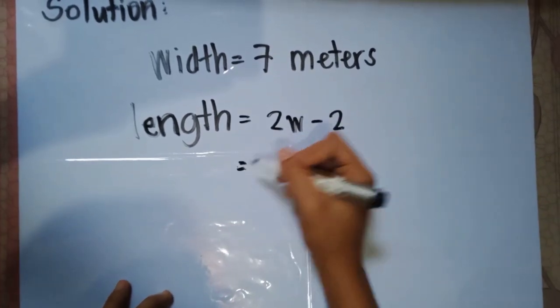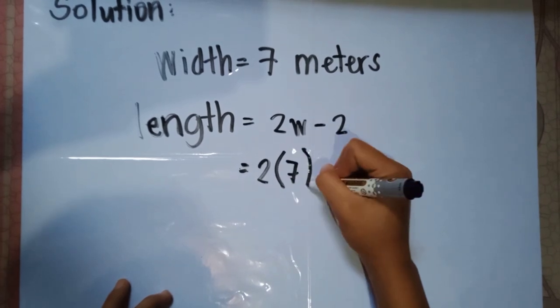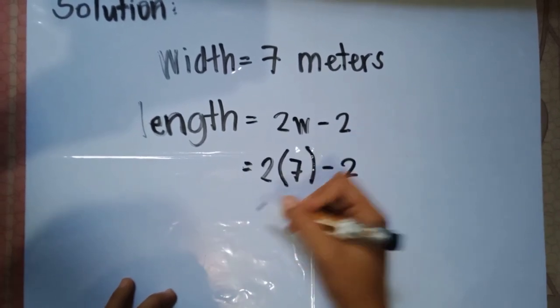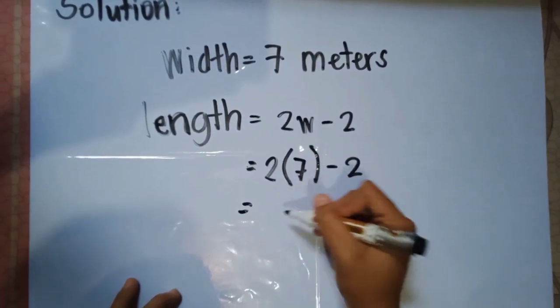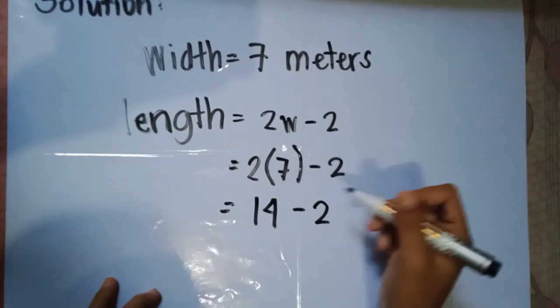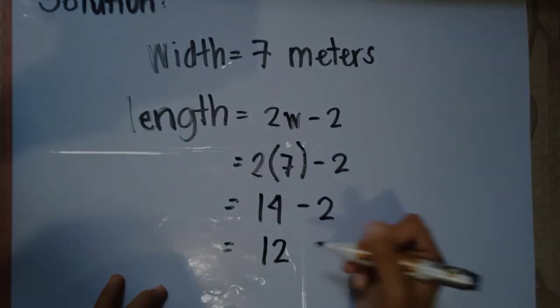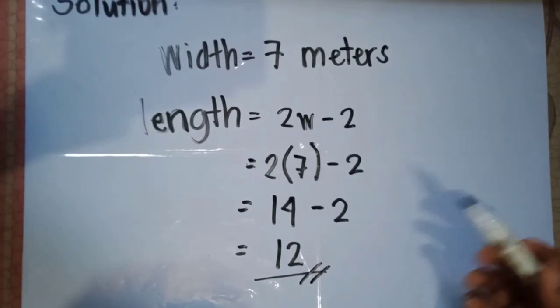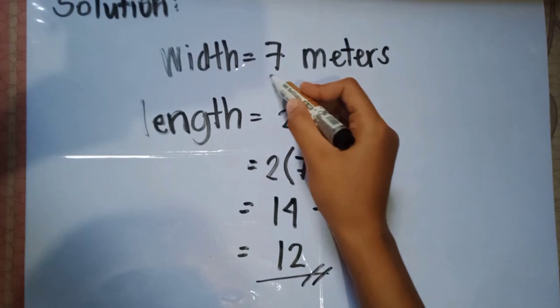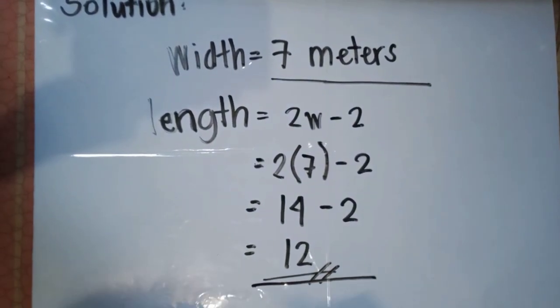So 2 times the value of the width, which is 7 meters, minus 2. 2 times 7 is equal to 14 minus 2. 14 minus 2 is equal to 12. Therefore, the original rectangle has a width of 7 meters and a length of 12 meters.